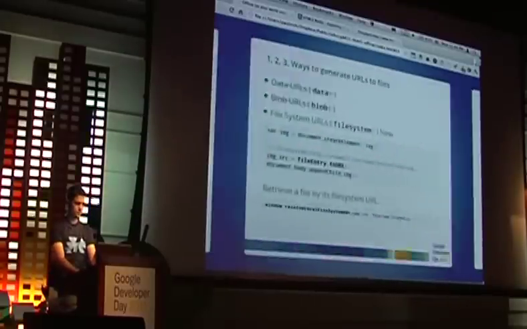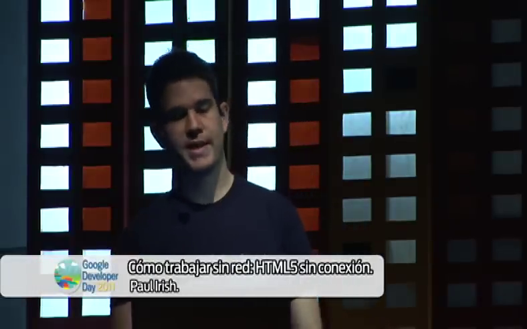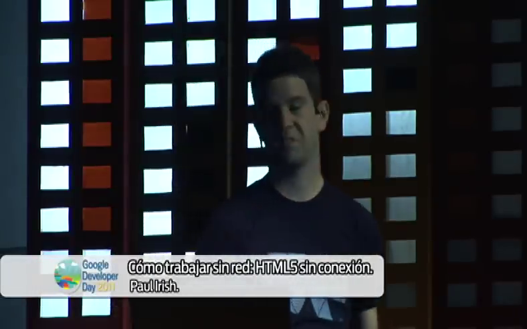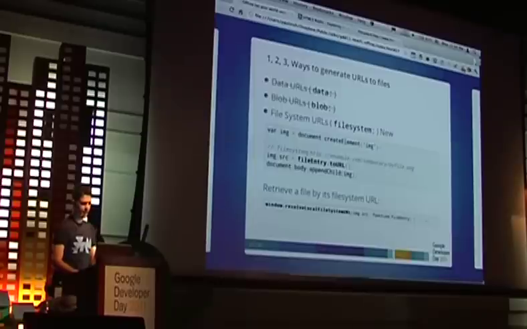All right. So now there are 3 different kinds of URLs that refer to files. You're probably all familiar with data URLs. It's a base64 encoded version of a file. There's also blob URLs. If you're dealing with the file API, you deal with blobs a lot. And the new file system URLs are pretty cool. So let's say that we had a file system URL like this.